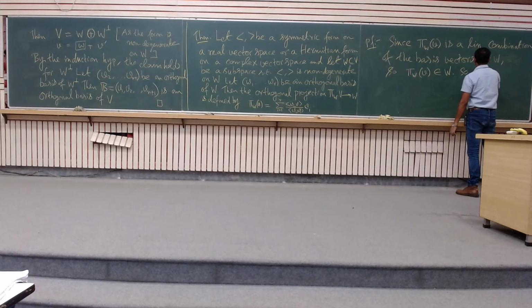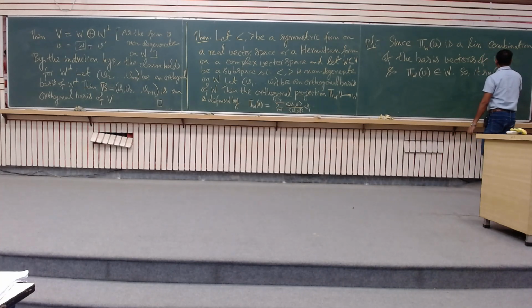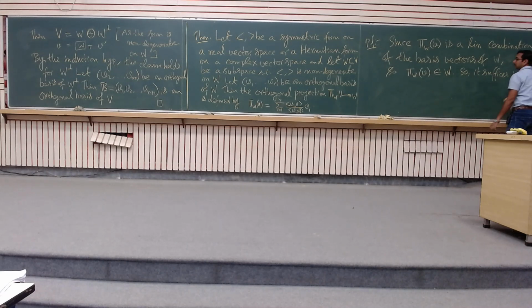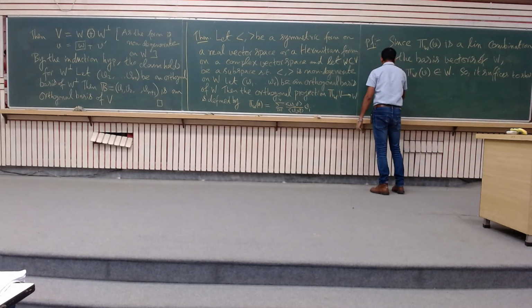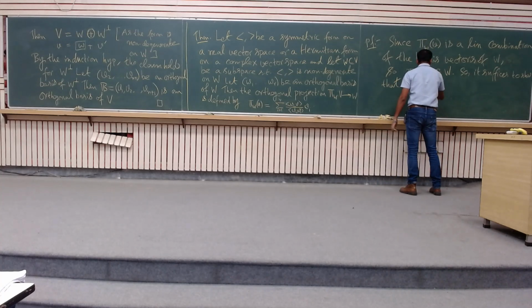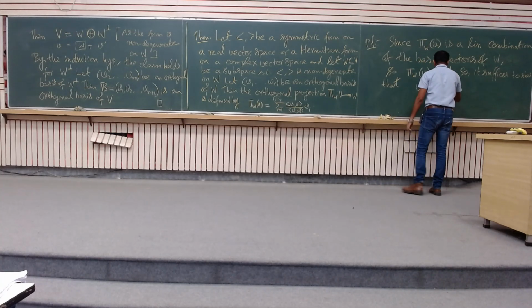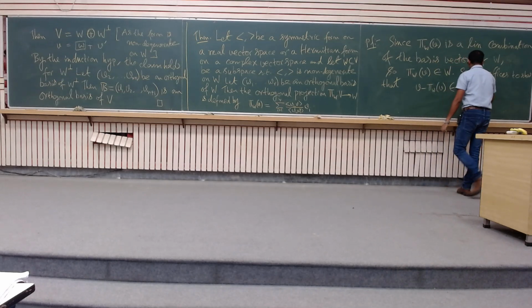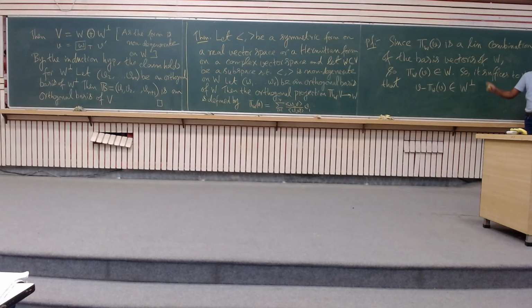So it suffices to show that v minus pi_W(v) is in W perp, and the proof is exactly as something that we have done before. How are we going to show this? Exactly.